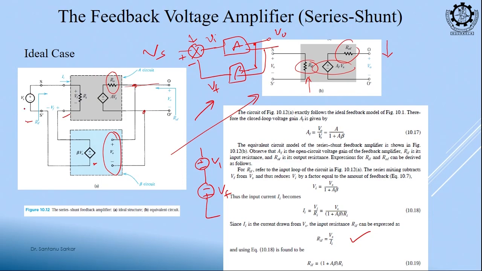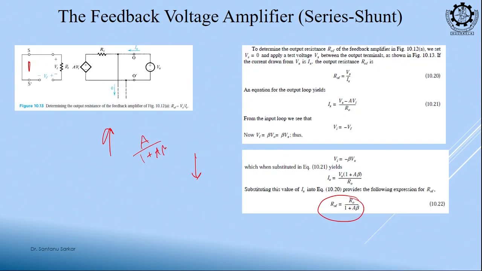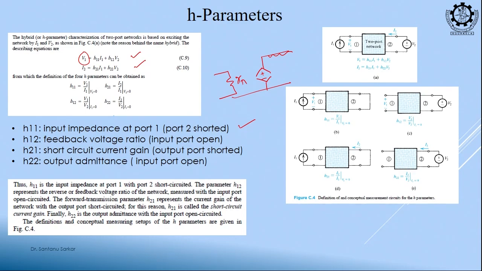Here only Vs was there, no Rs, we will put Rs. Here no RL was there, we will put RL. Here we have considered infinite input impedance, we will put impedance there. So, putting in all the non-idealities, the basic thing will remain unchanged, but maybe the figure will be a little bit modified.